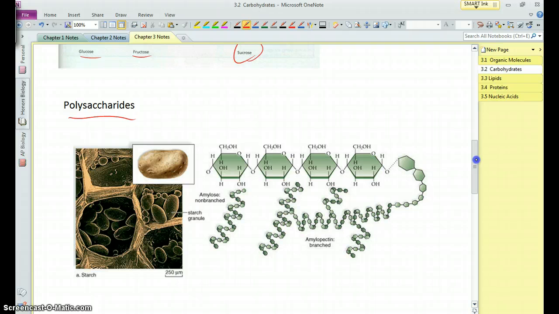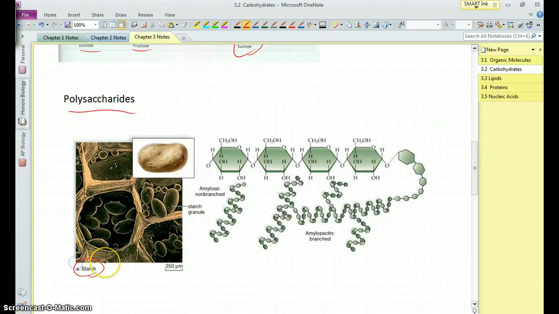And so here we have starch, which is just a bunch of glucose molecules bonded together by these dehydration synthesis reactions, and these long chains that kind of can form these little curlicues, and they sometimes have a side branch.